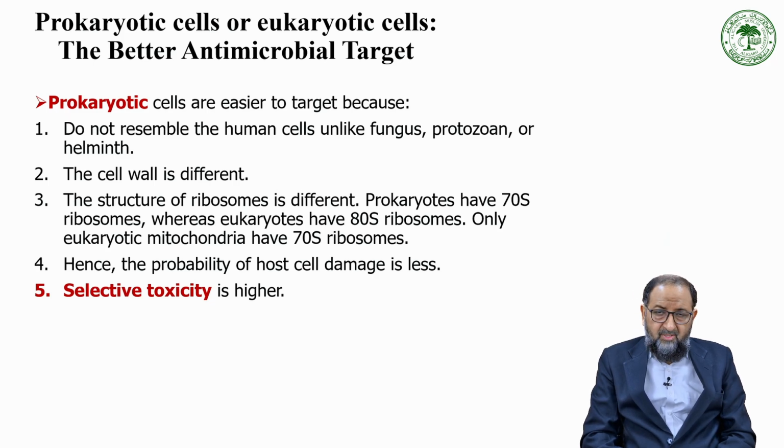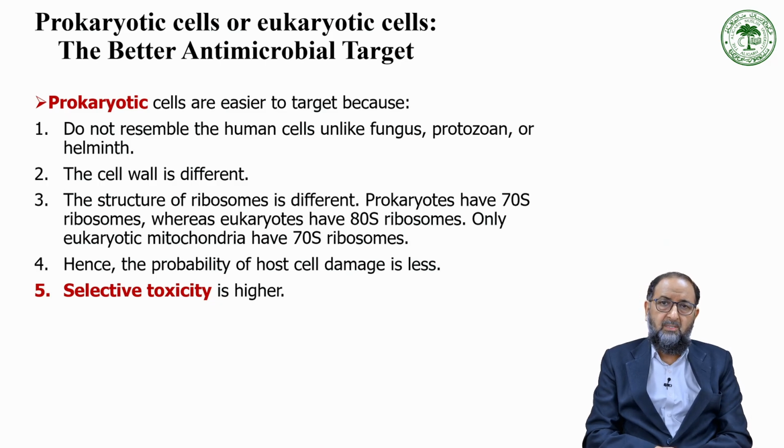The cell wall is different in prokaryotes and eukaryotes, and the structure of the ribosome is different. Prokaryotes have 70S, whereas eukaryotes have 80S ribosomes. And the probability of host cell damage is less. So antibiotics acting on the prokaryotic cell have less chance of side effects on the human cell.